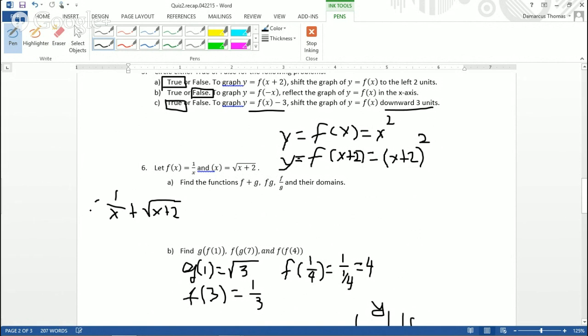And I'll just say I'll call the new function h of x. I must make a note that the f plus g function is equal to h. So in other words, here is my function. So I just found it. Let's keep going. F times g.